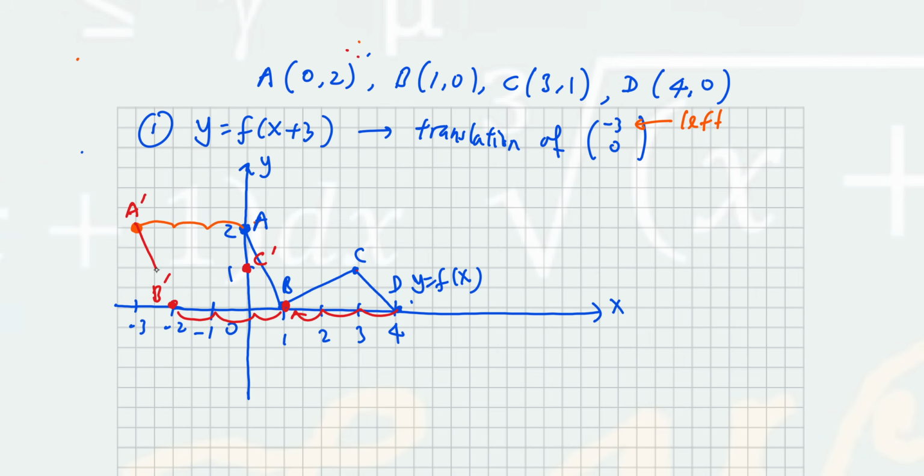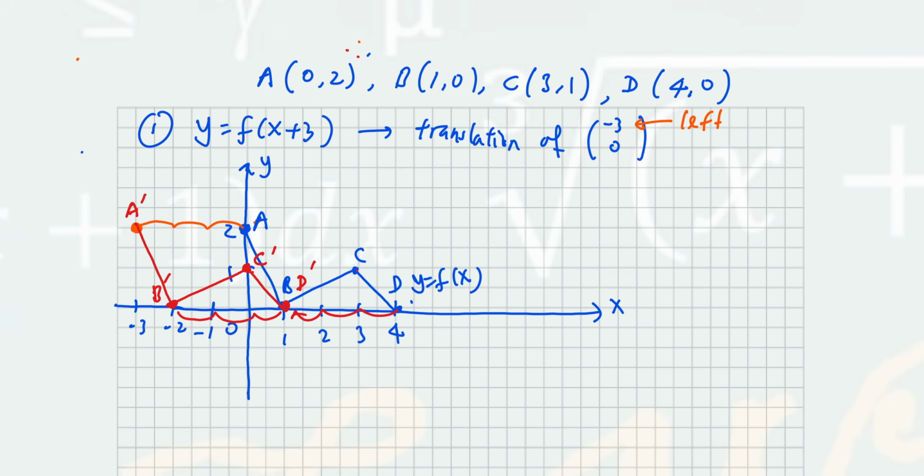Now you can just join all the points. So this is my D prime. This is the graph if you have sketched an original graph.